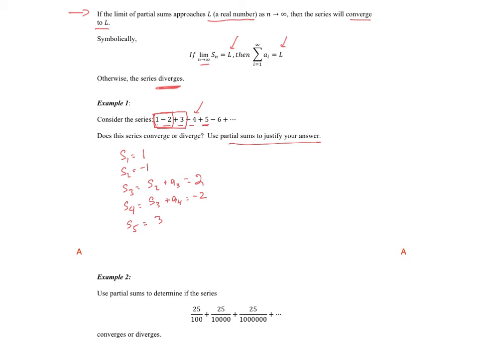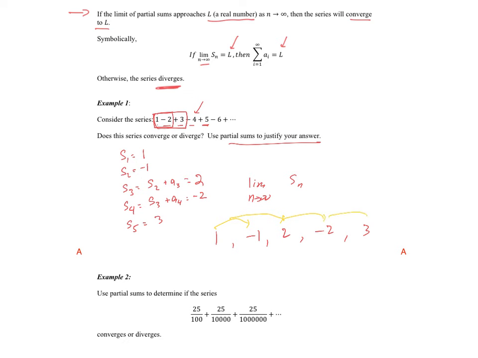So now if I took my limit as n approaches infinity of my s sub n, what's going to happen here? If I wrote out my list of sums, there's my s sub 1, my s sub 2, my s sub 3, my s sub 4, my s sub 5. It does not look like it's approaching anything, right? We're going to go from negative 1, and then we're going to go to 2.